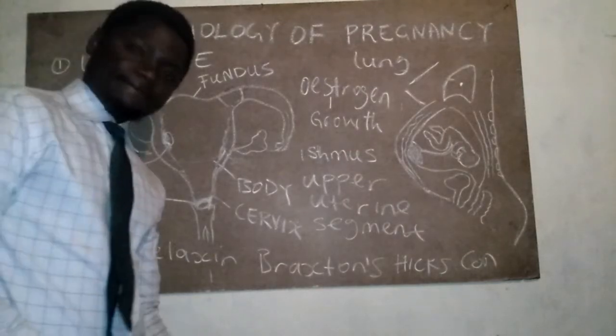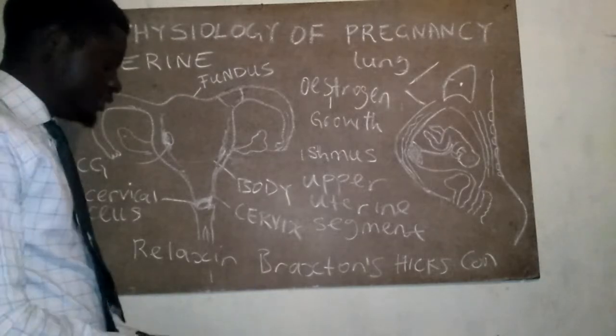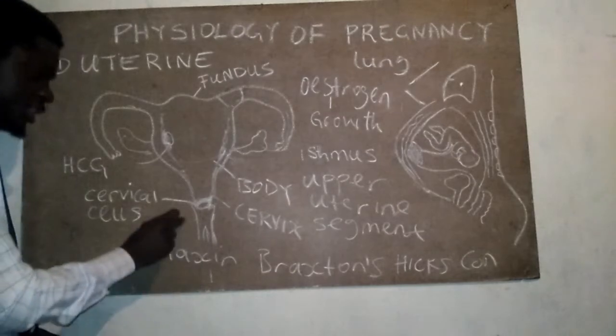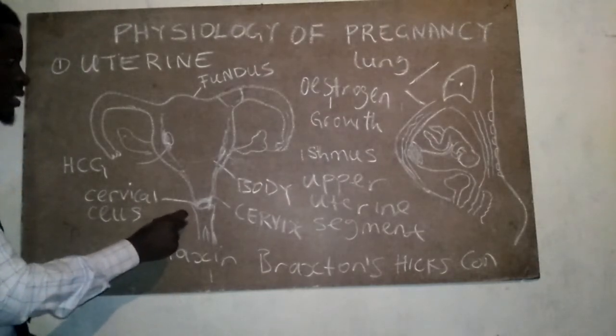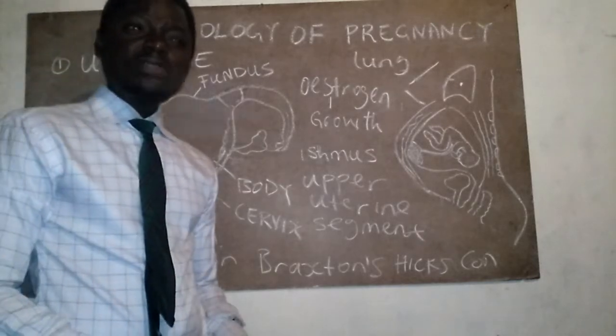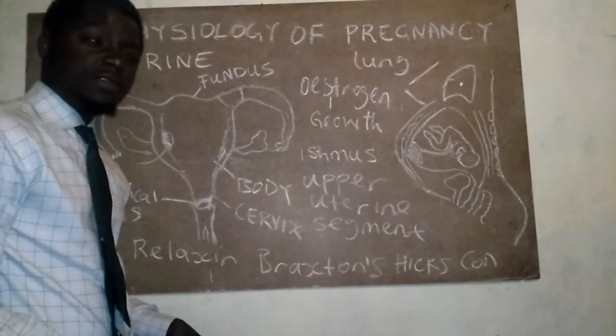And as well as that, we are going to talk about the other reproductive system, which is the vagina. Since we have already talked about the changes in the cervix, we are going to talk about the vagina. So on the vulva, there's going to be increased vascularization of the vulva.